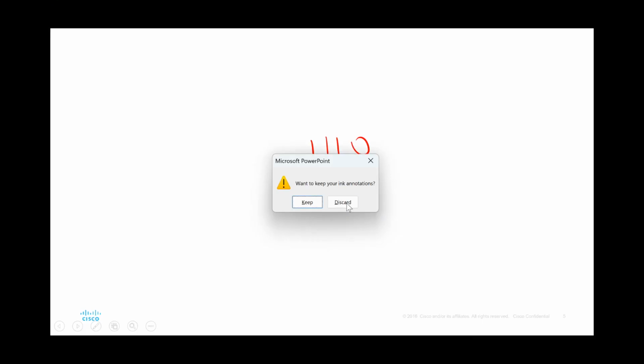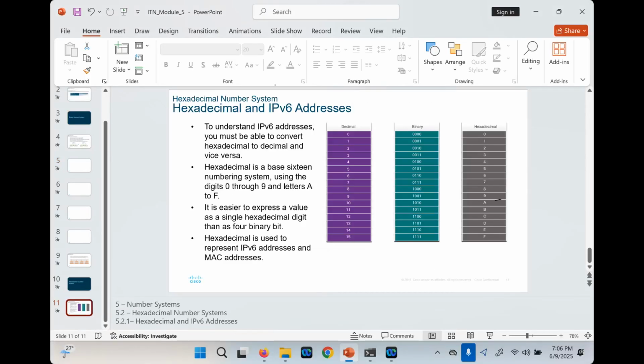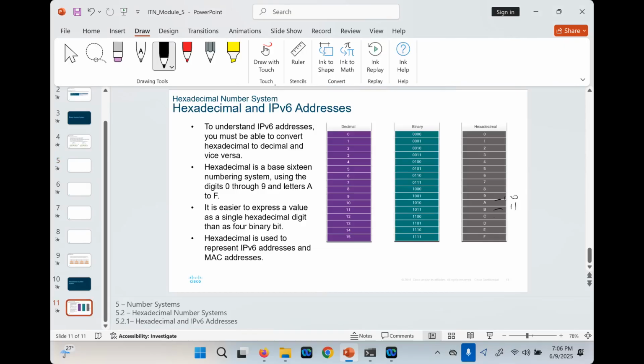I wrote it before. A is equivalent to 10, B is 11, C is 12, D is 13, E is 14. So E is equal to 14. We're supposed to get 14.